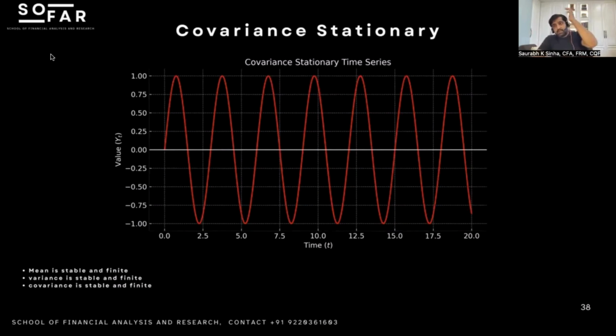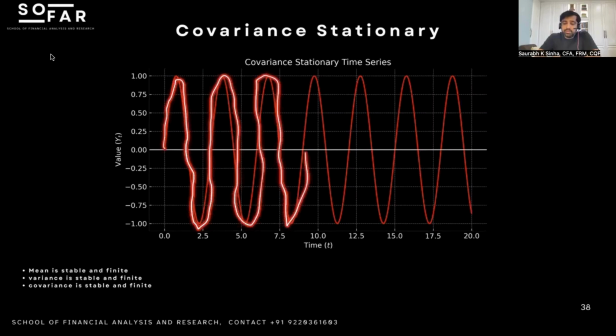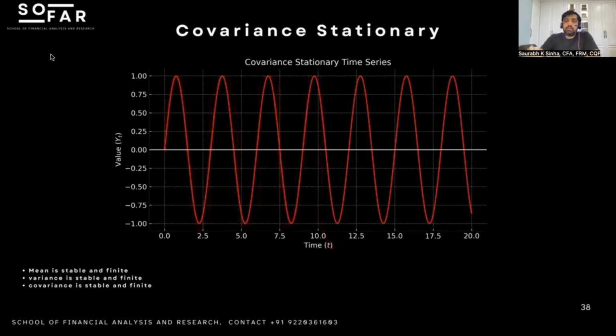If you see this red graph, red curvature, this is actually your y. What are your observations about this y? Cyclical. Good. Awesome. So I'm writing the word cyclical. This is observation number one.